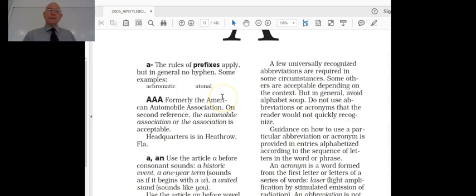Those of us who refer to the AP style book as the Bible of journalism in America, in other words, thou shalt not violate these commandments.